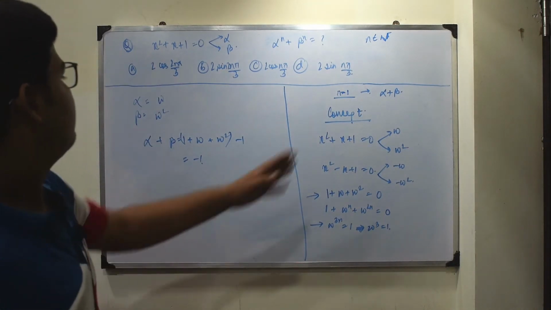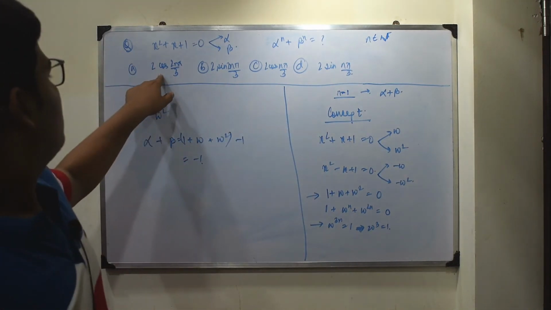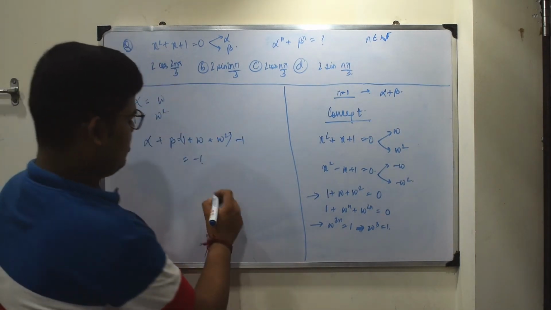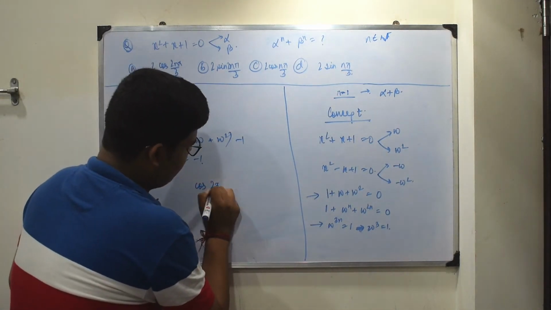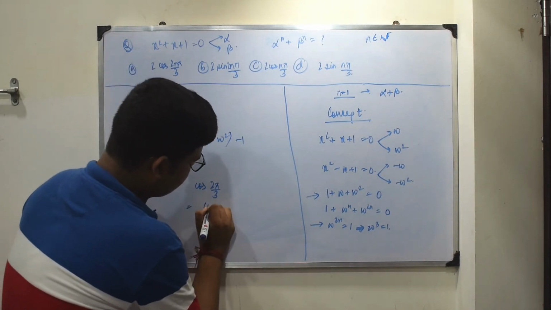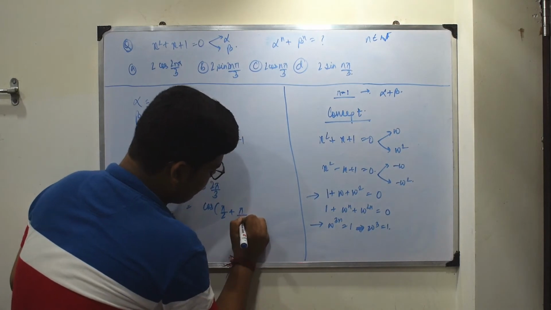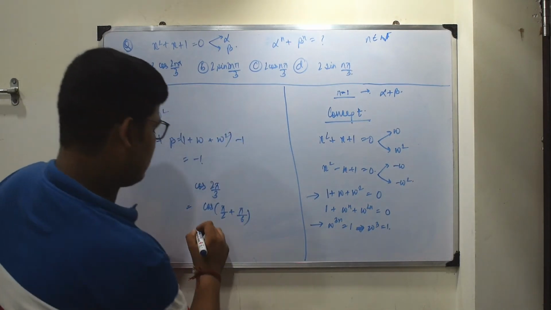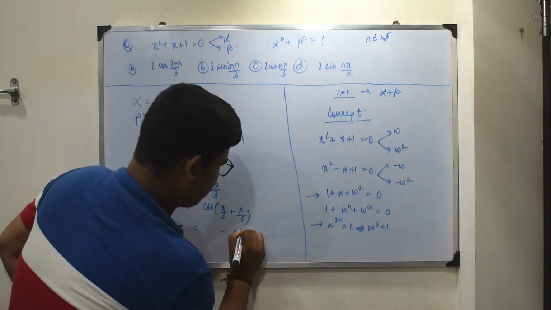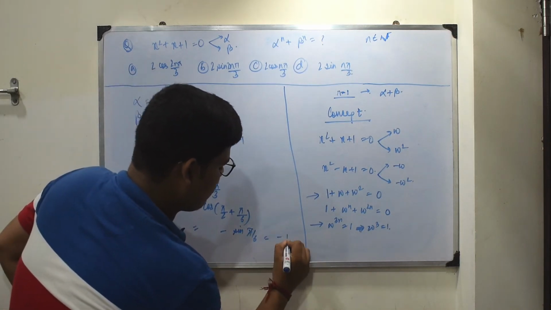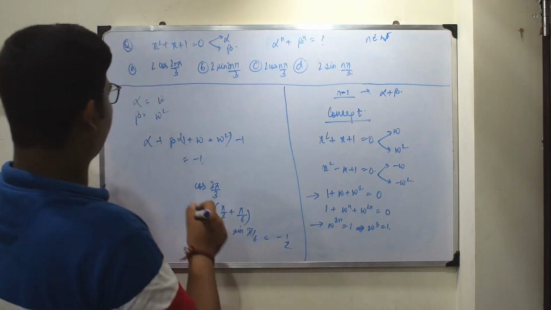Check for the answers. Put n equals 1. Cos 2 pi by 3, or cos 120. What is cos 2 pi by 3? It's cos of pi by 2 plus pi by 6, or it's minus sin pi by 6, or it's minus half, and here it's given 2 times.